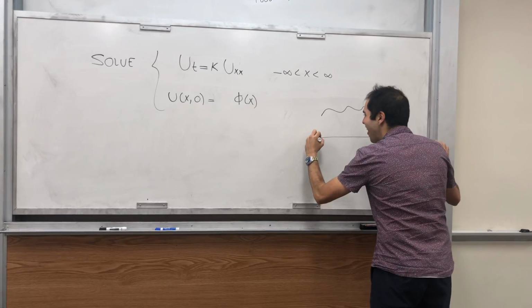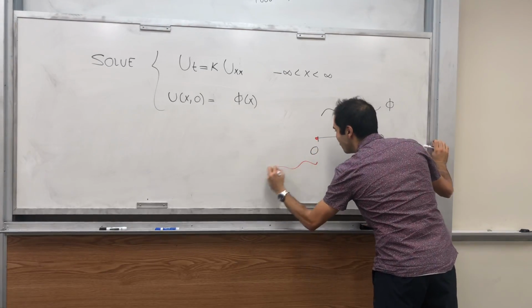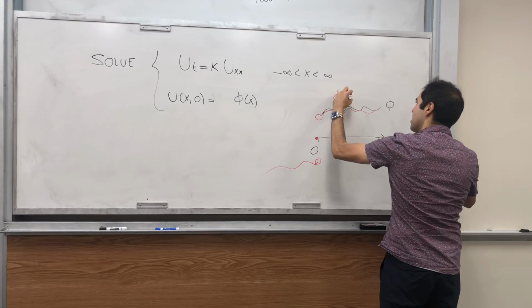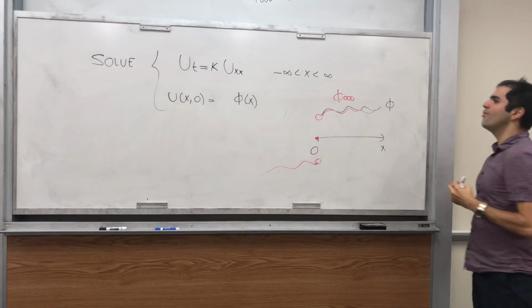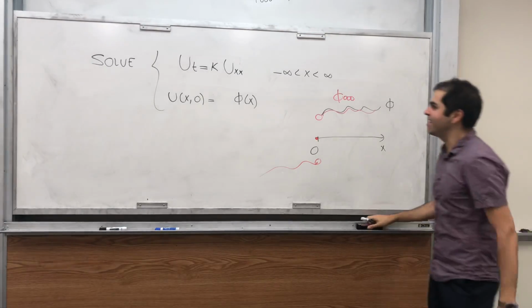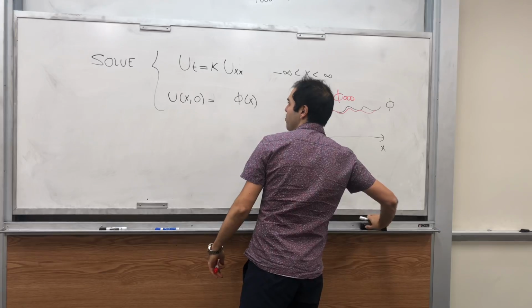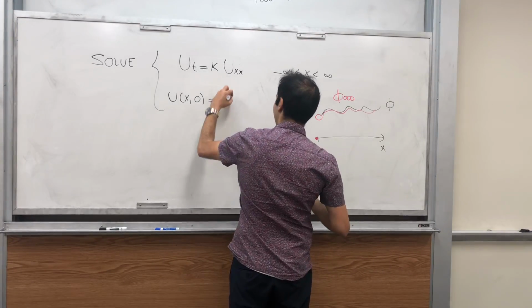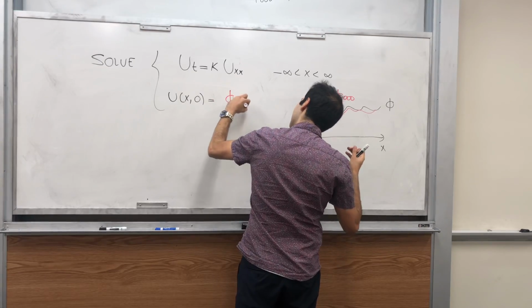Luke, I am your father. So this is phi odd. And again, why do we do this? Because we want a problem on the whole real line. So we solve the following problem, u(x,0) equals phi odd of x. It's a good thought.